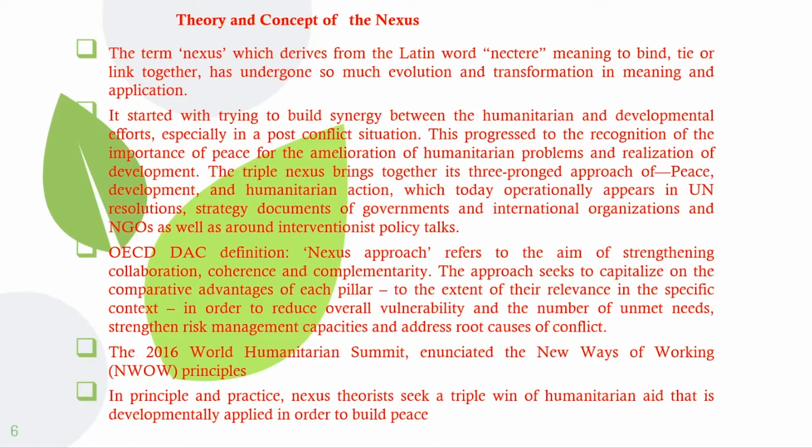The 2016 World Humanitarian Summit enunciated the New Ways of Working, NWOW principles. In principle and practice, nexus theories seek a triple win of humanitarian aid that is developmentally applied in order to build peace.